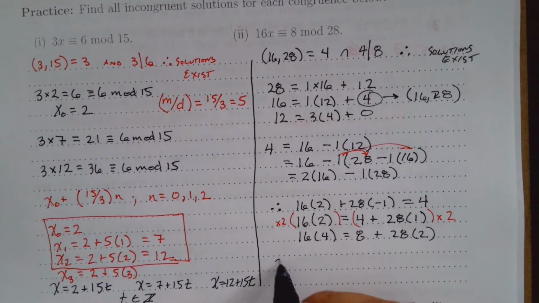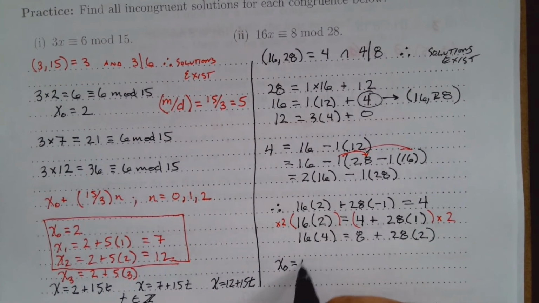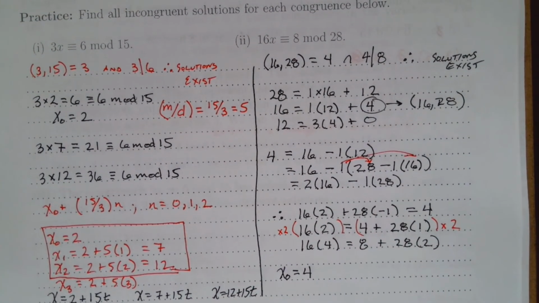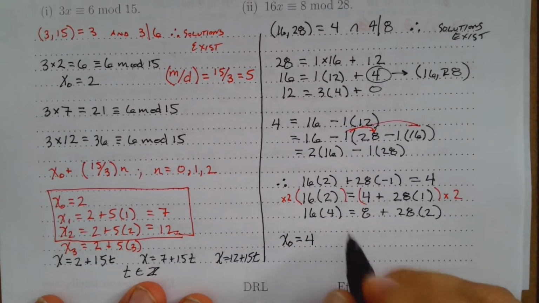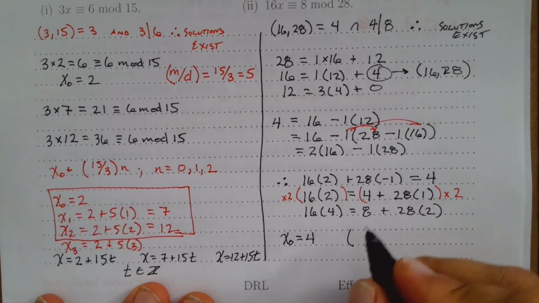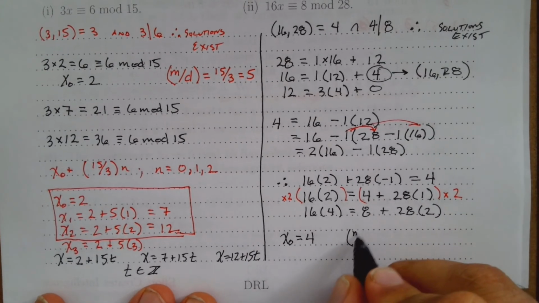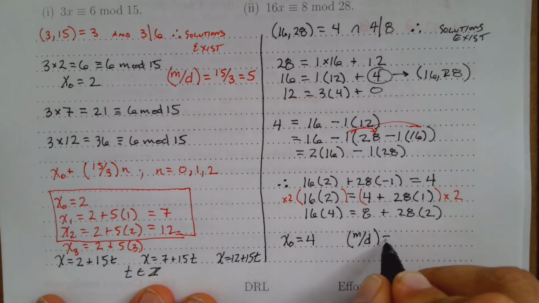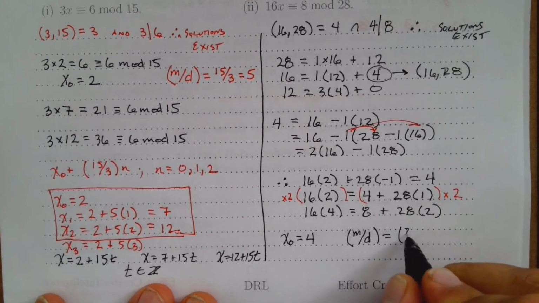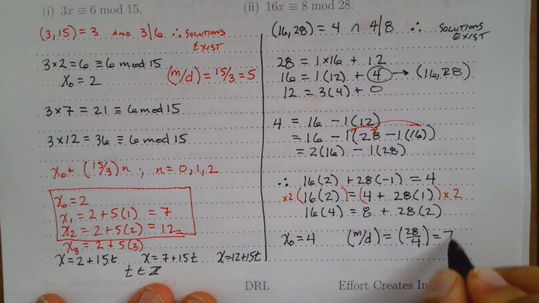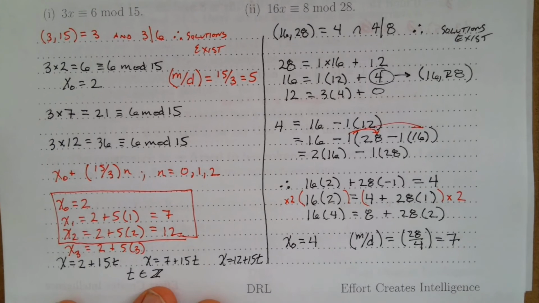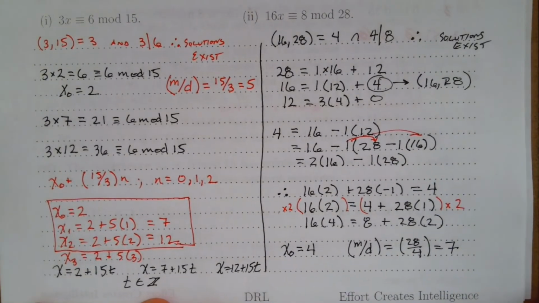That means that I have an x naught equal to 4, because that is a particular solution for this, and I need to figure out m divided by d, which is 28 divided by 4, which is 7. Now, how am I going to find all my solutions?